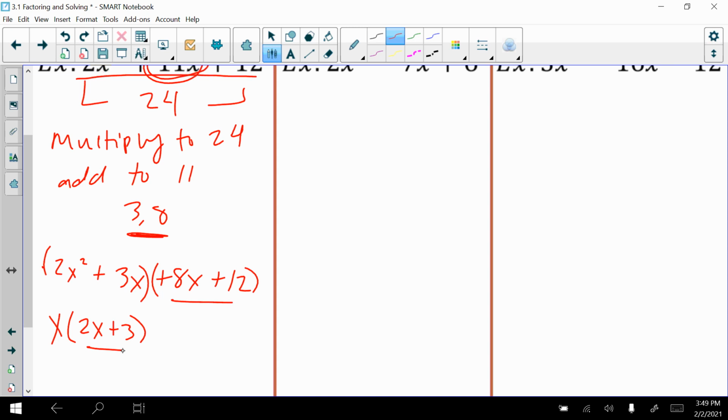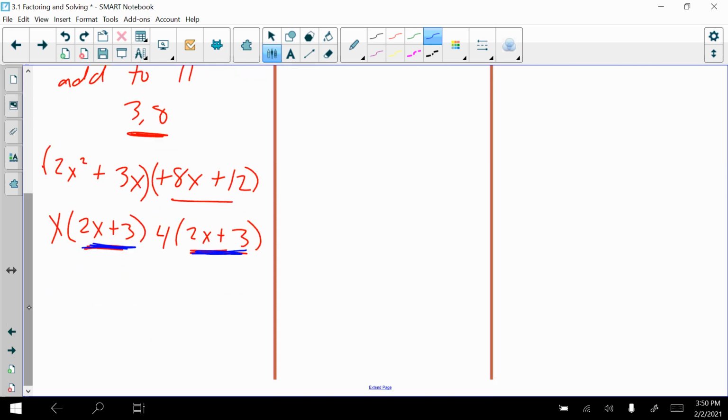They don't both have an x, so I know I can't take out a variable. But I can divide both of these things by 4. 4 goes into 8 and 4 goes into 12, and that's the biggest thing that goes into both of them. So if I take out a 4, it's going to turn into 2x plus 3. And notice how those are exactly the same, and that's what I want. I want these to match each other.